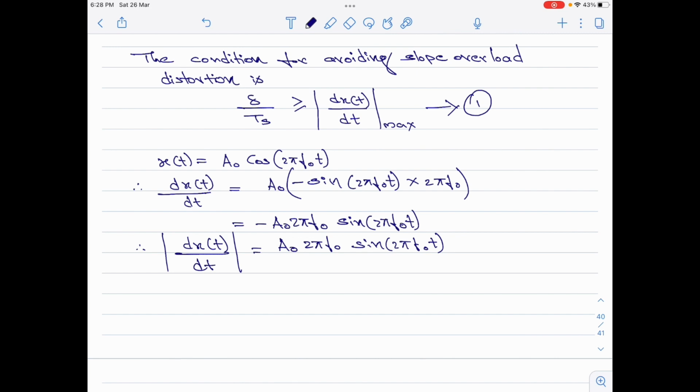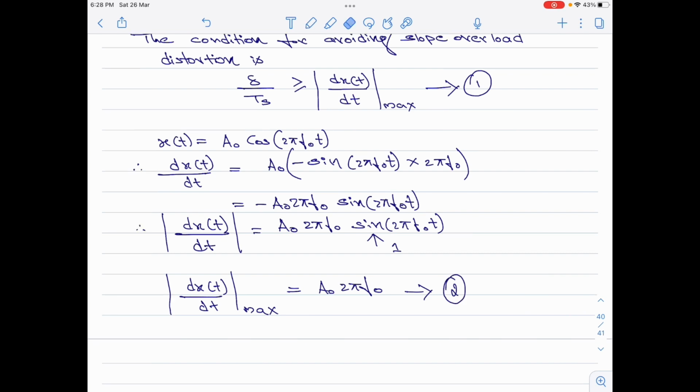Since the RHS of equation 1 requires the maximum value of the magnitude of dx(t) by dt, the sine part, which is sine 2 pi f0 t, will be assumed as 1. Therefore, the magnitude of dx(t) divided by dt maximum is equal to A0 into 2 pi f0. Let me call this equation 2.